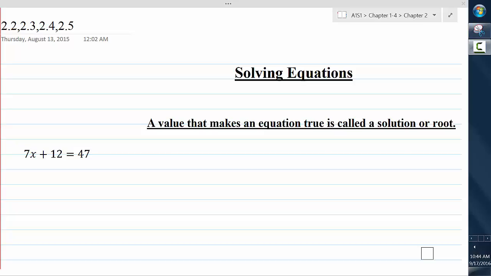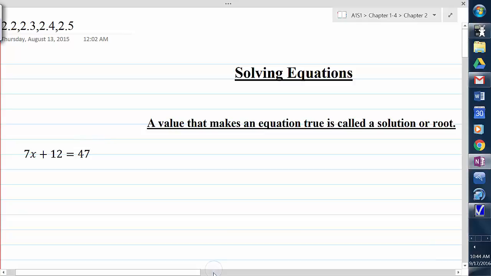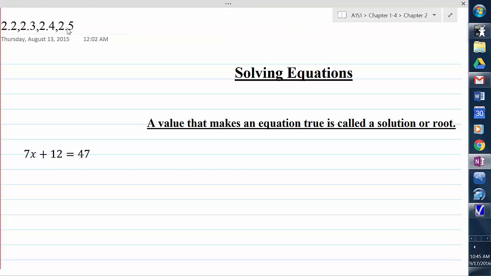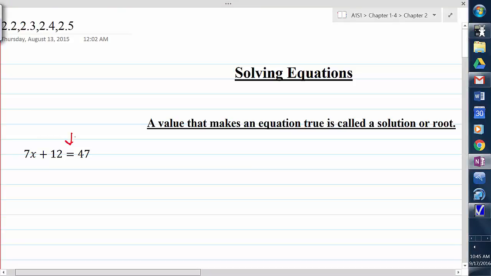So let us begin. You guys know how to solve equations. Since you know how to solve equations, there's nothing to it. All an equation is, is a math sentence with an equal sign. With that being a math sentence with an equal sign, both sides have to be equal at all times.